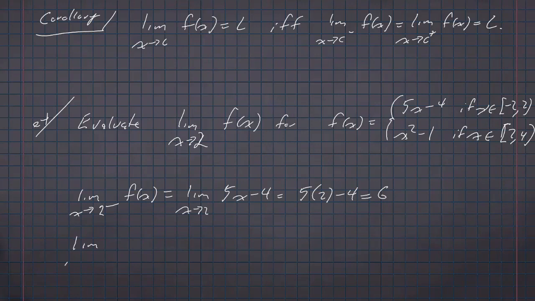And if we're looking at the limit as x approaches 2 from the right, that's x squared minus 1, which comes out as 3.